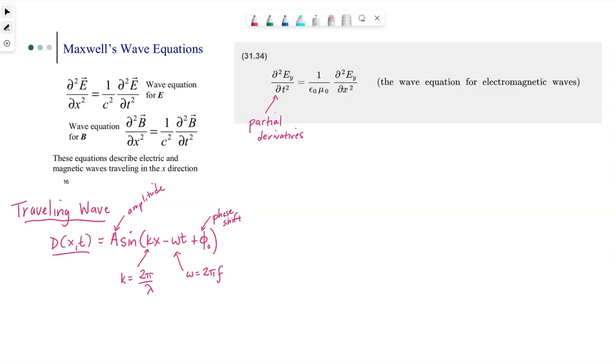Well, with this having the same form, Maxwell discovered that an oscillating charge, a source of charge, creates electromagnetic waves.